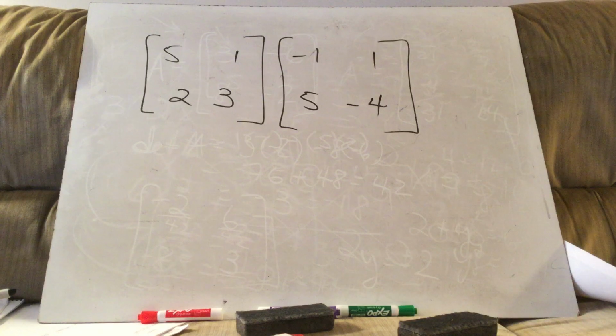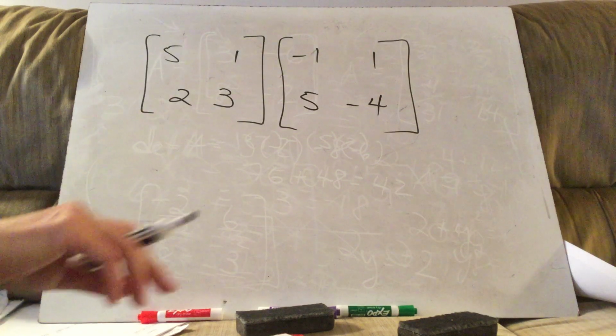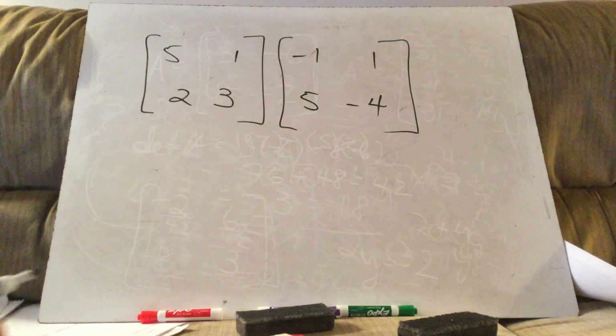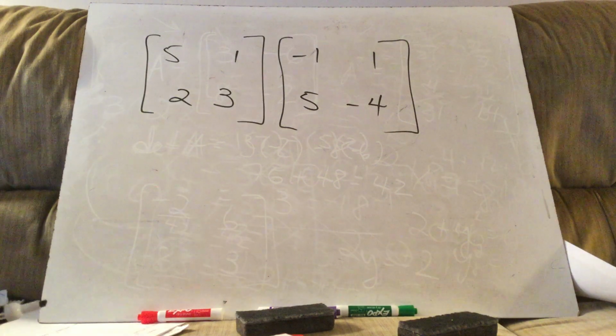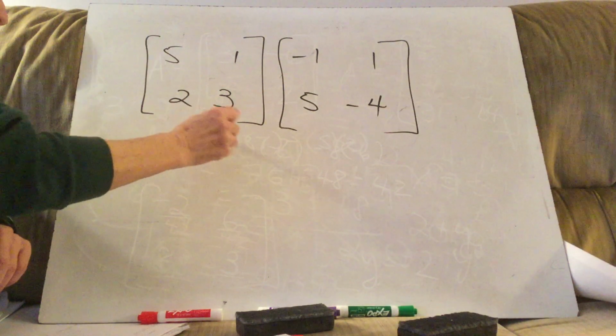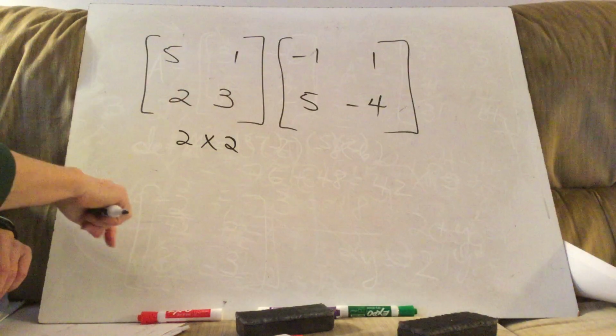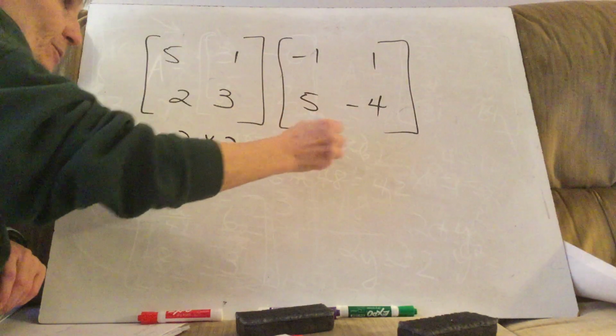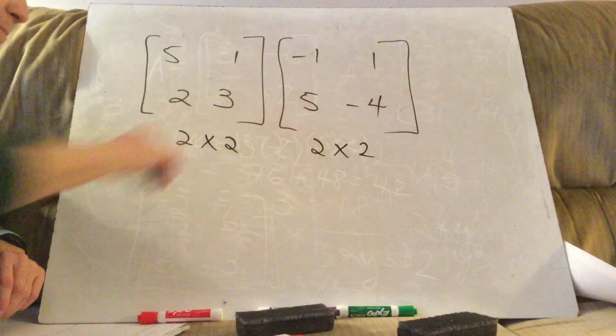Now, here's the thing about multiplication. If you remember from your notes, the first thing you have to do is check your dimensions. So this guy is a 2 by 2, 2 rows, 2 columns. This guy is a 2 by 2, 2 rows, 2 columns.